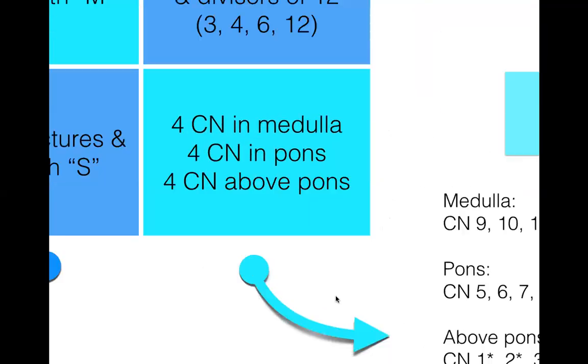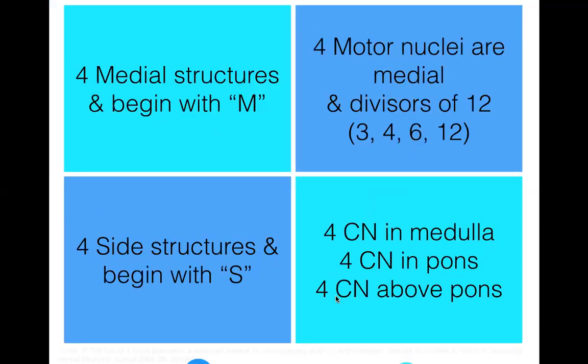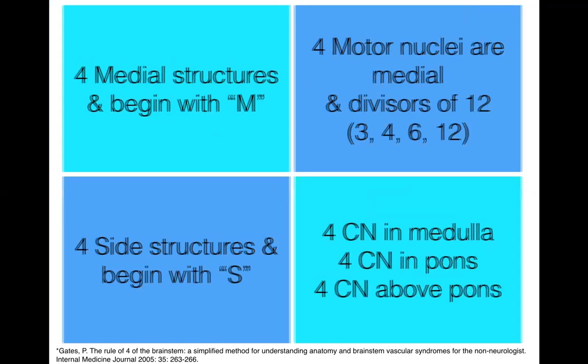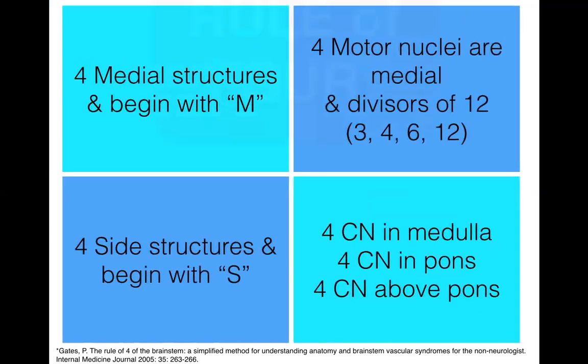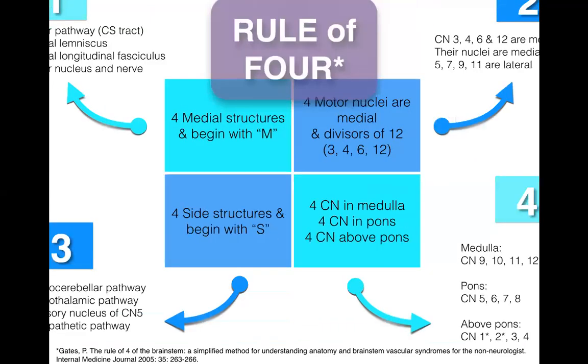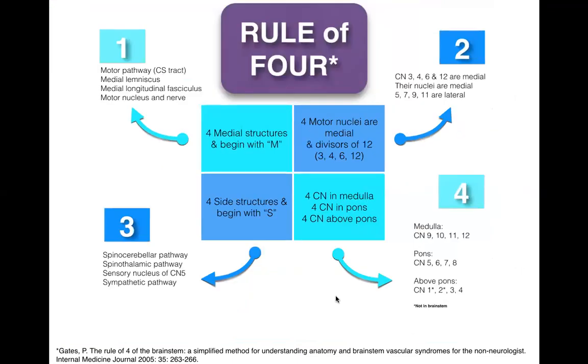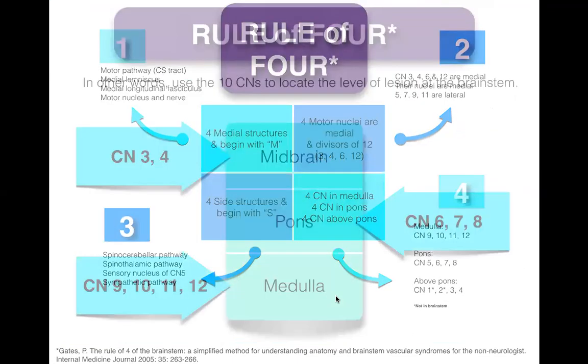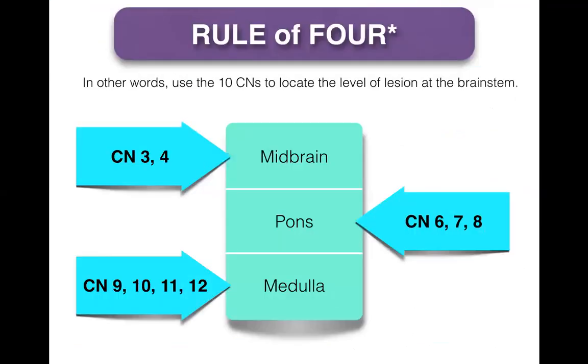Now, don't worry about this. We'll have more of this as we discuss the anatomy of the brainstem itself, as well as the lesions that affect the brainstem. So let's put that aside for now. Now, this is actually important because this will help you locate the level of the lesion that could be located on the brainstem.